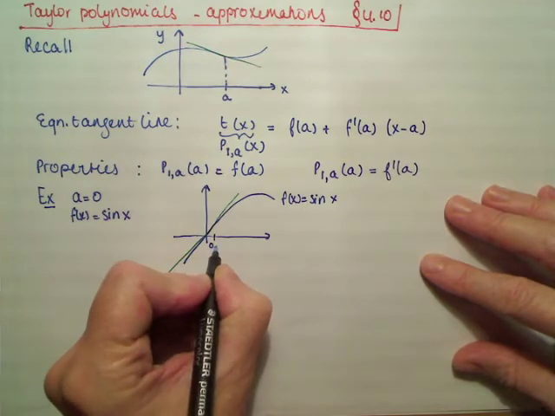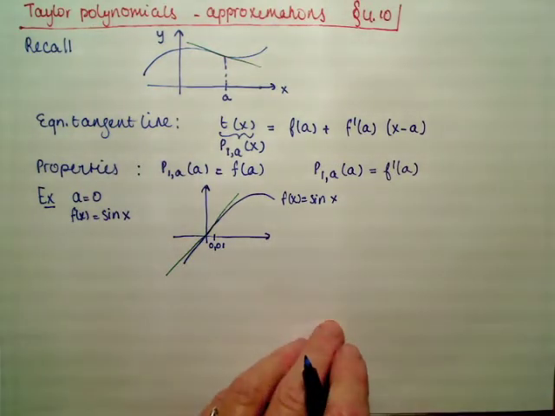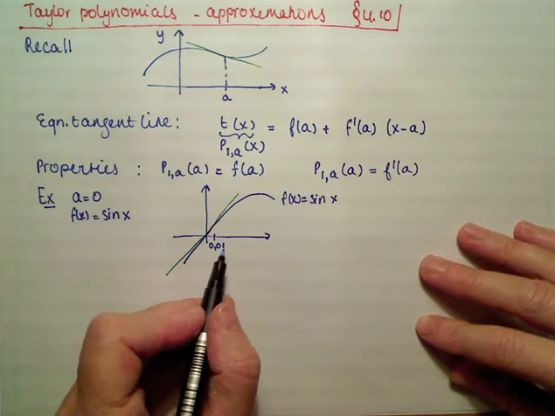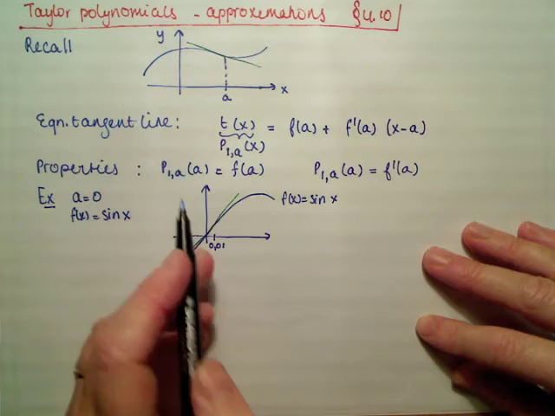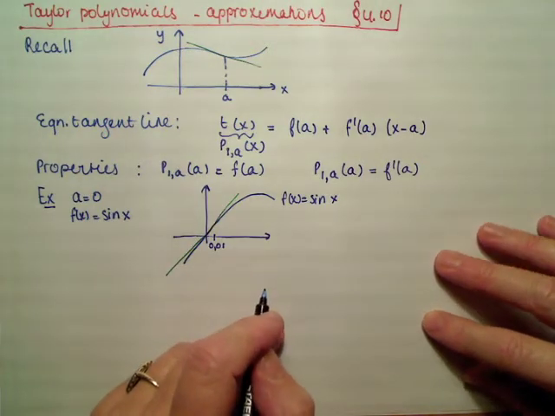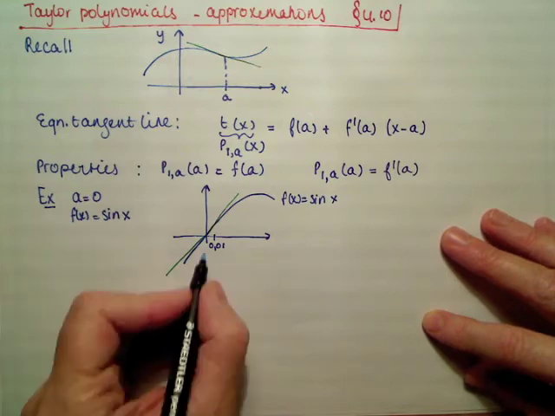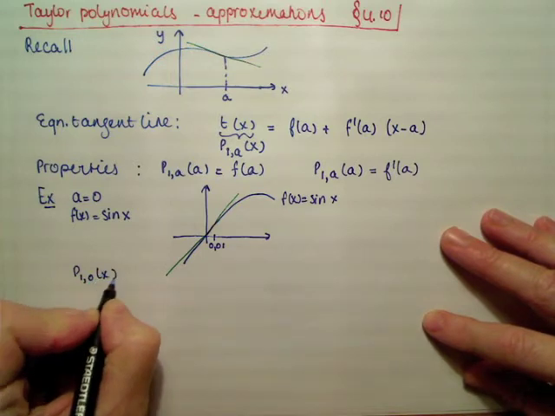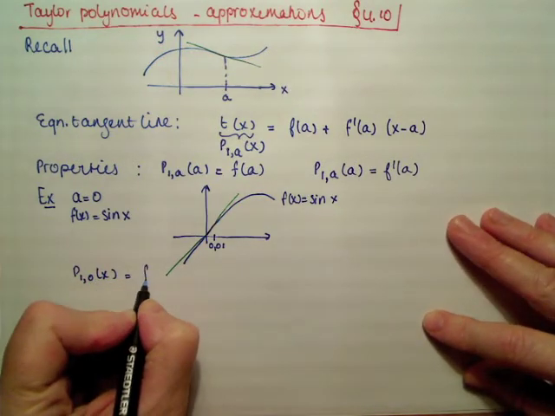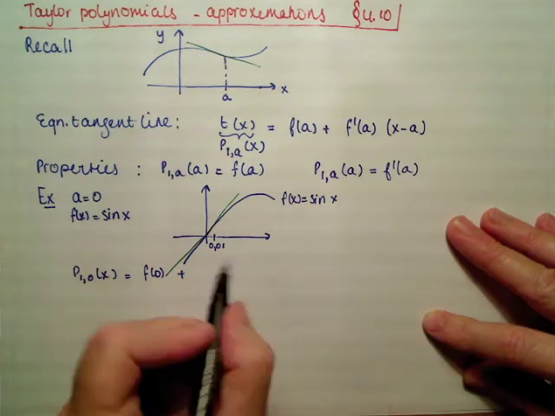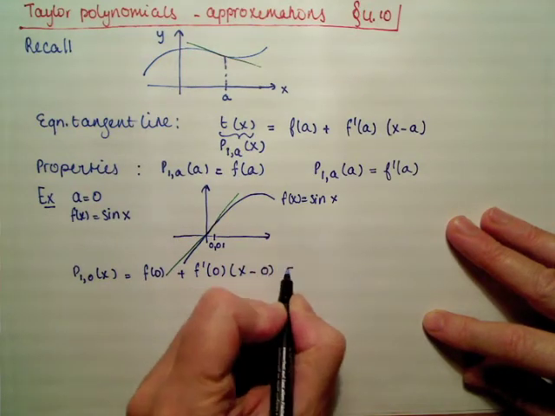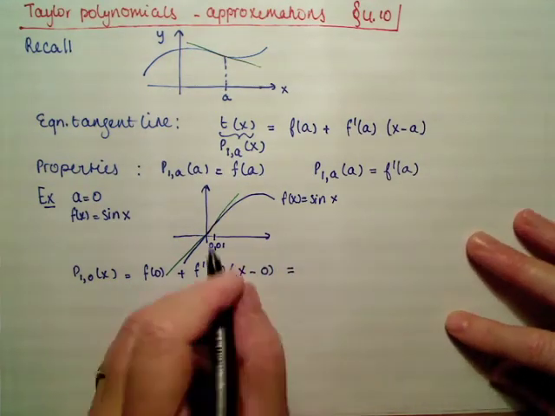And for instance, if we look at the point 0.1, then we will compare the function value with the value of the corresponding first degree polynomial. Now, what is the equation of the tangent line if we look at the base point A equals 0? It's equal to the function value at 0 plus the first derivative at 0 of the function multiplied by x minus 0. So this is just the equation of the green tangent line.